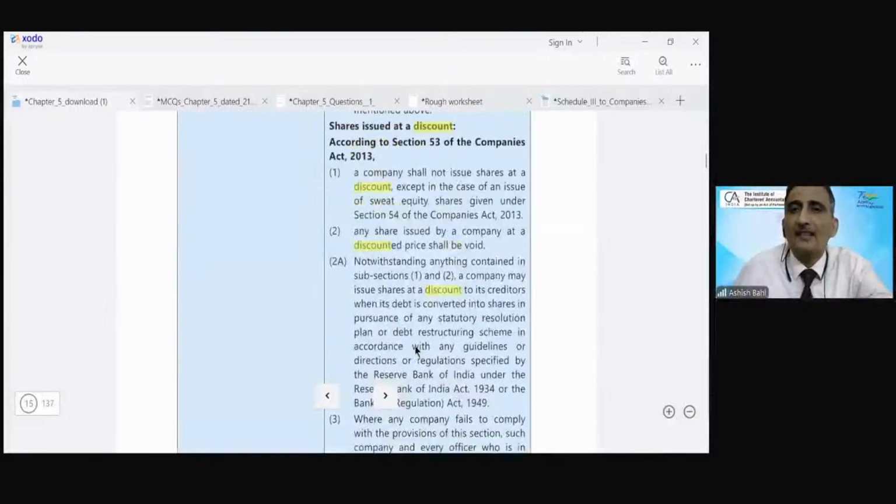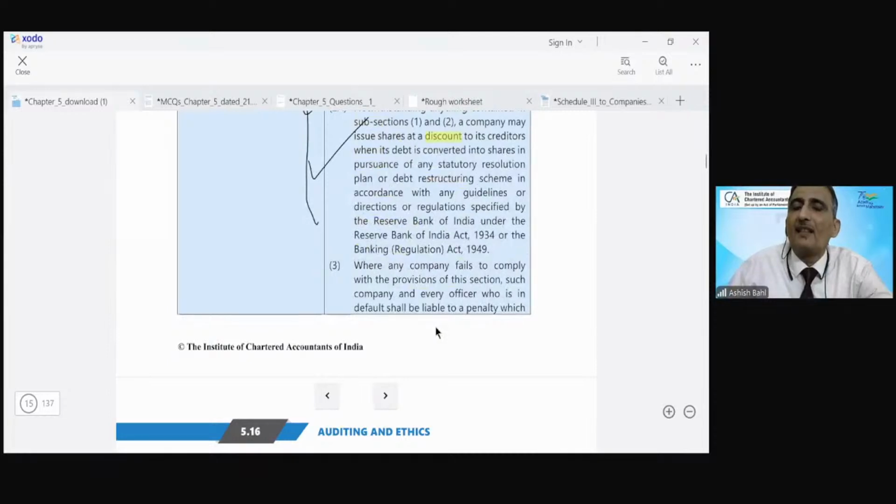So for issue of shares at discount, you are required to state the provisions of section 53. You will write all these provisions, and you will also write the consequences of not complying with the provision.